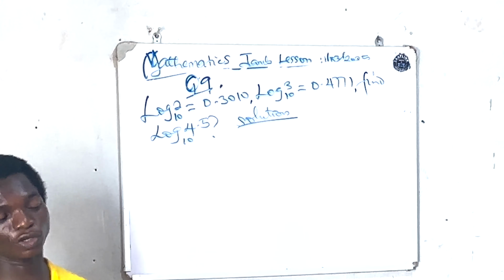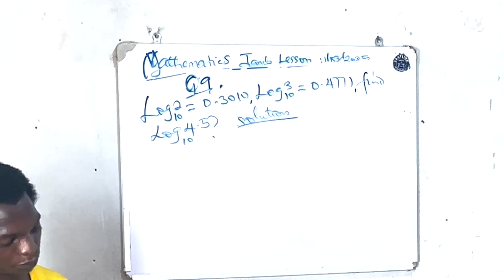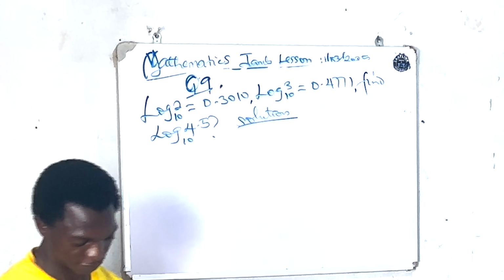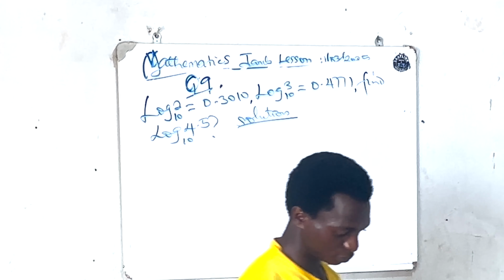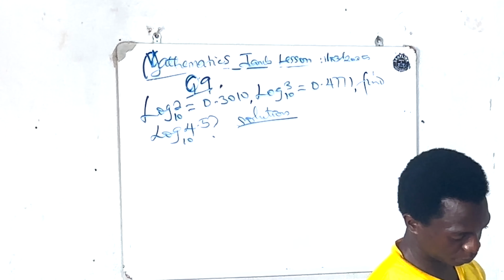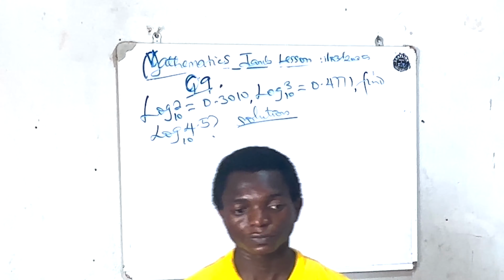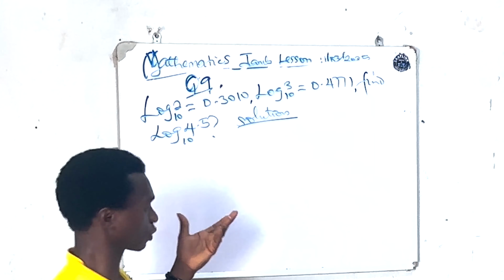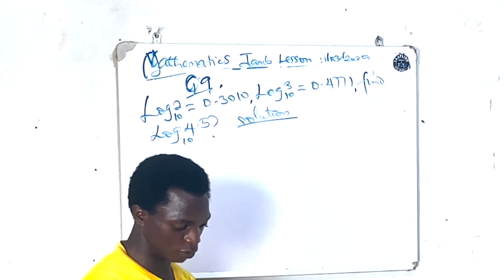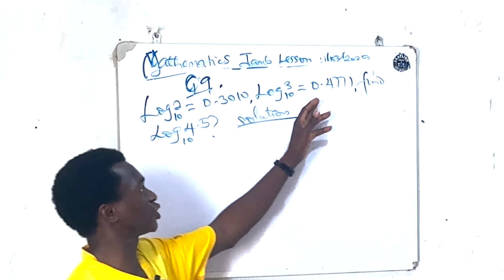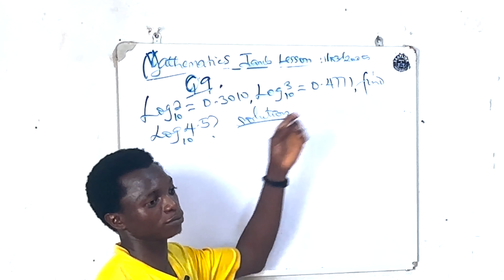We are given the logs. And of course, if you use your calculator, you can confirm that log 3 in base 10, just use your calculator and press log 3 in base 10, gives you what you see on the board: 0.477.